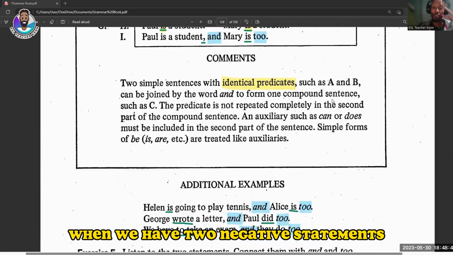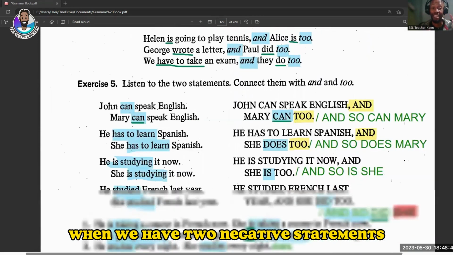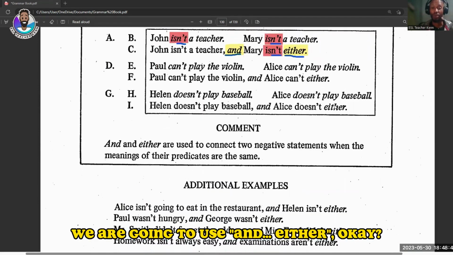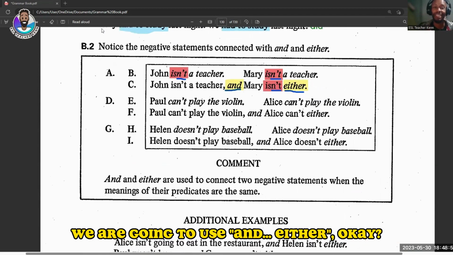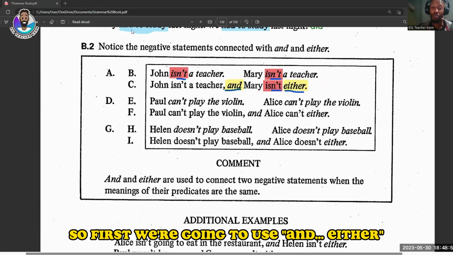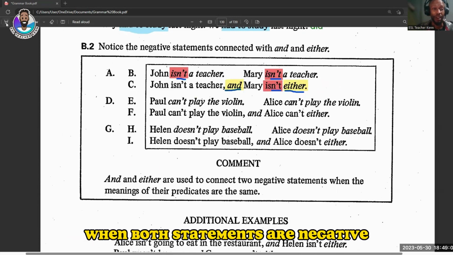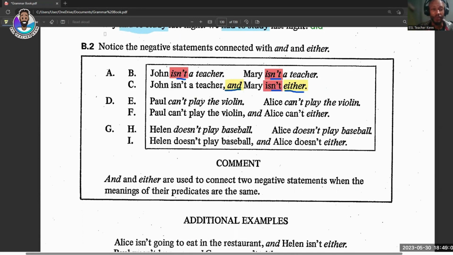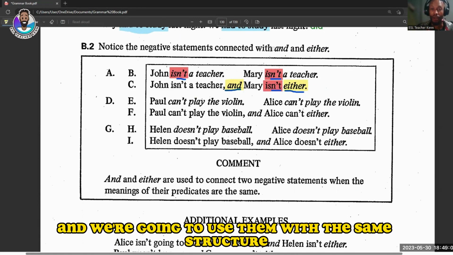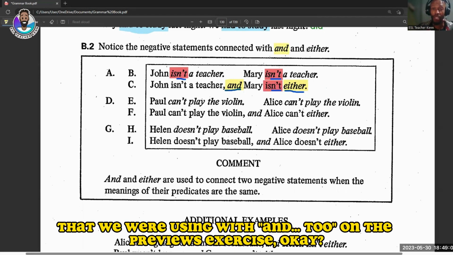When we have two negative statements, we are going to use and either, okay? So first, we're going to use and either when both statements are negative, and we're going to use them with the same structure that we used with and too on the previous exercise, okay?